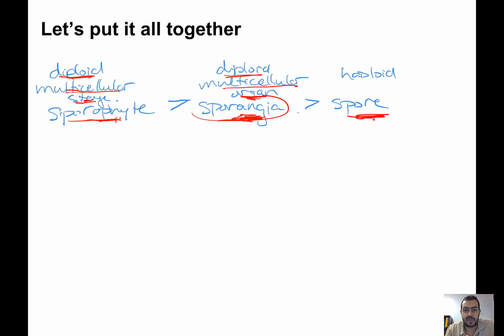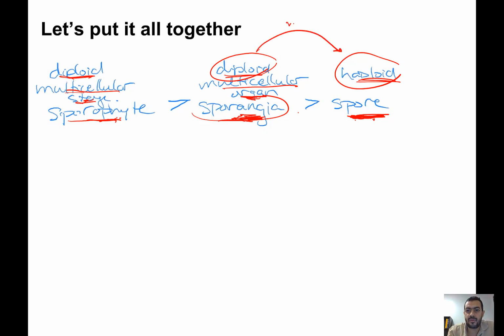What is produced inside the sporangia? Spores are produced inside the sporangia. So it is the least in terms of size, and the spores are haploid. You may be wondering how a diploid structure like that gives haploid spores.